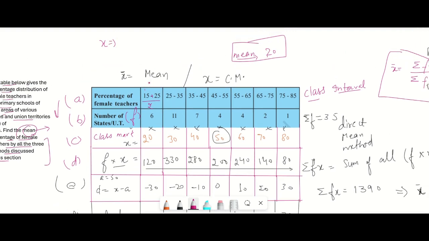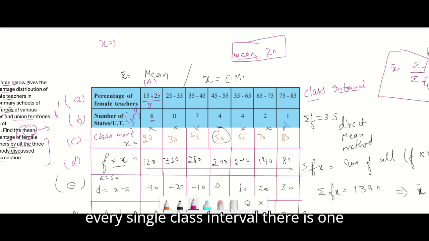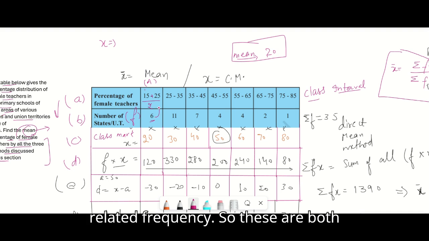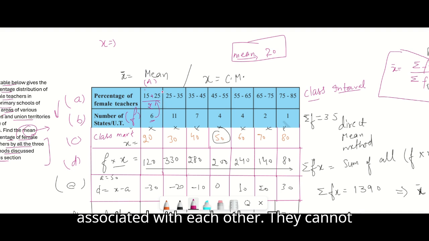Here I was explaining that for every single class interval there is one related frequency. These are both associated with each other. They cannot survive alone.